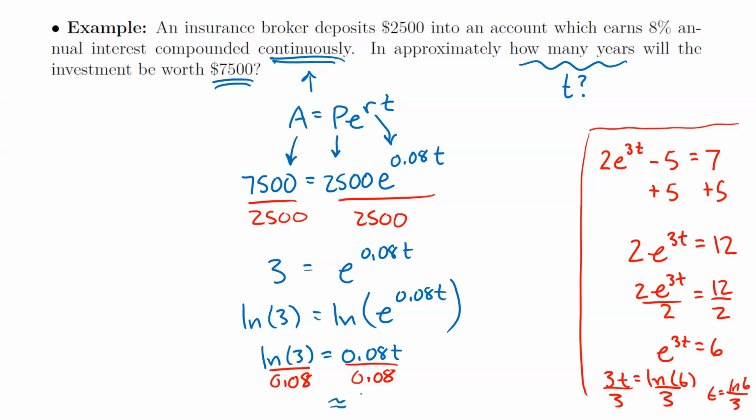So when I punch that in my calculator, I get about 13.7 years, right? In this case, we're tripling. If I want to triple my investment at 8% interest compounded continuously, then I need to invest it for about 13.7 years.